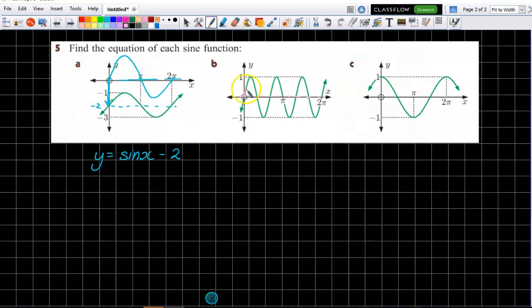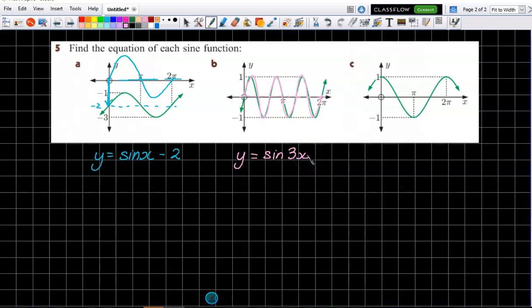Is there 1, 2, 3? So I would say there's 3 cycles, but absolutely, you notice they're squishy. The amplitude is the same. So we're going to go with y equals sine 3x and no plus or minus anything.